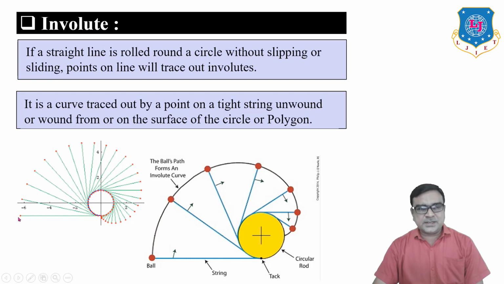So if you concentrate on the end point of the string and trace all the points, you will get this type of curve. This is known as the involute of a circle.